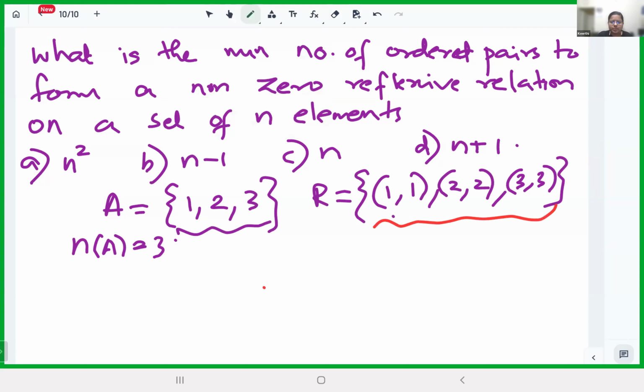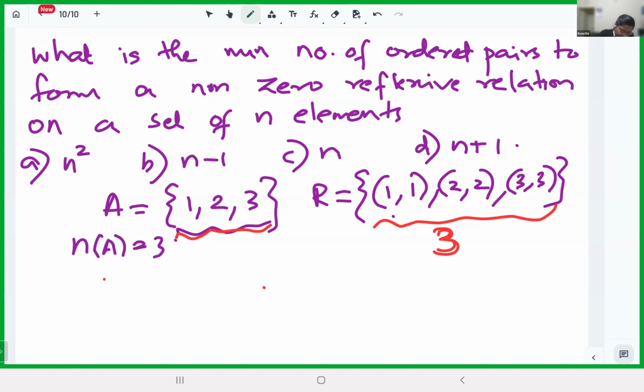Then only it will become reflexive. So the minimum number of ordered pairs to form a non-zero reflexive relation is nothing but 3. If a set contains 3 elements, it should at least contain 3 ordered pairs, then only it will become a reflexive relation, right?